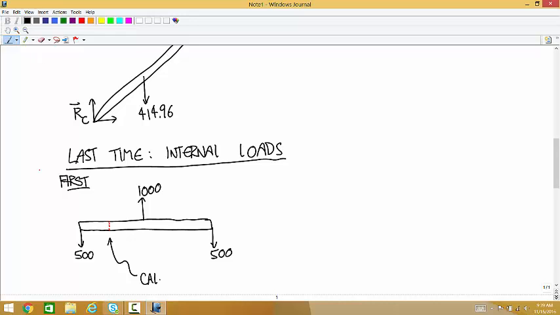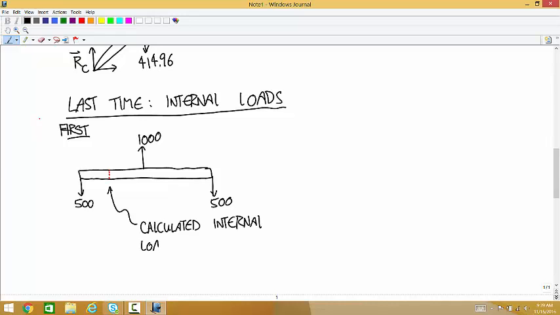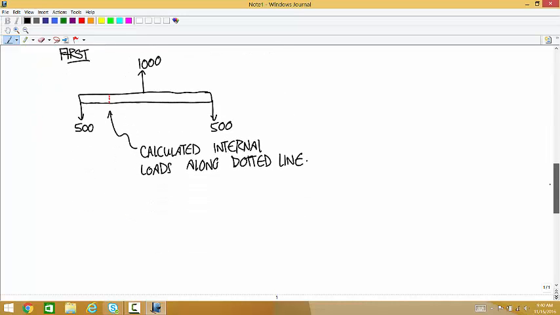Okay, so we calculated the internal loads along the dotted line. Second, we acknowledge that being able to calculate the internal loads at a finite number of points isn't really what we want.